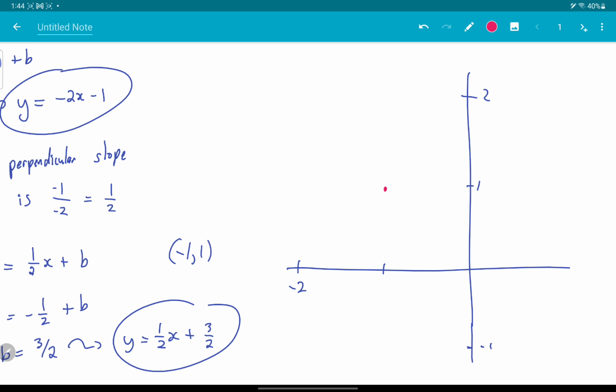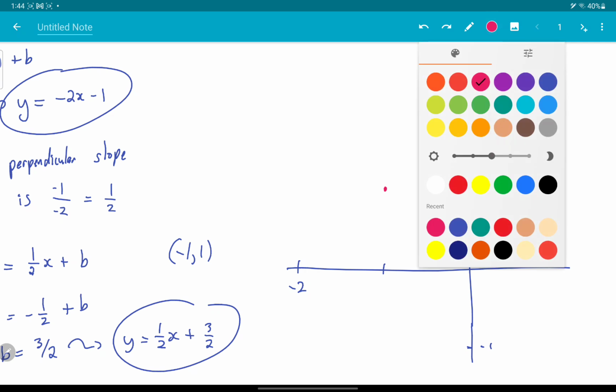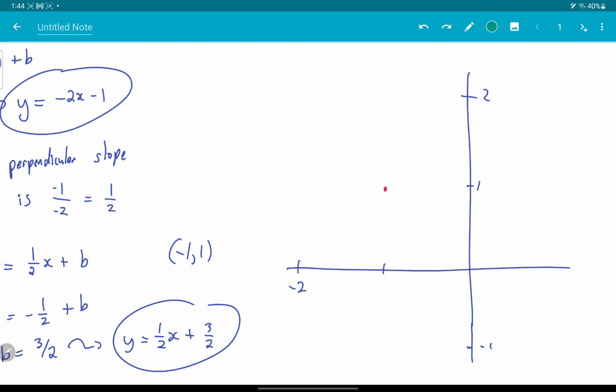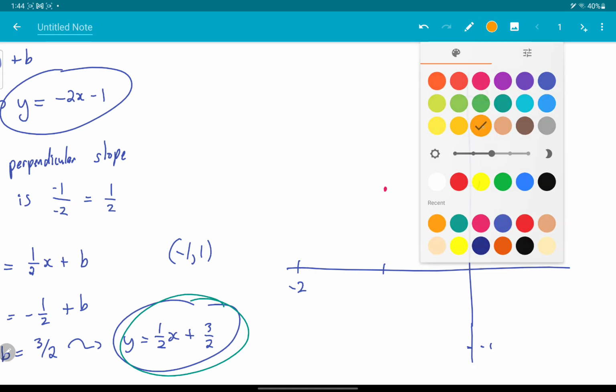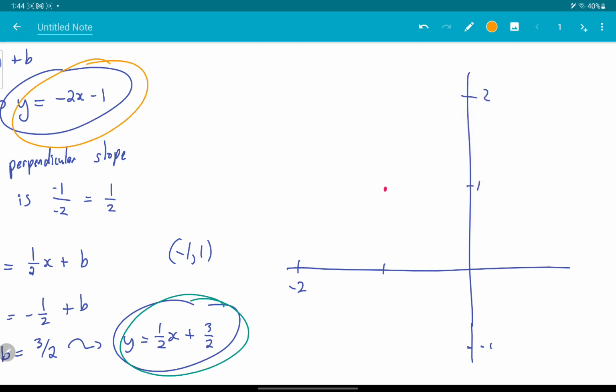Now I know both of these lines go through this point, but one of them has slope 1/2, and one of them has slope -2. So if I go from this point using a slope of -2, I think my next point will be down here.